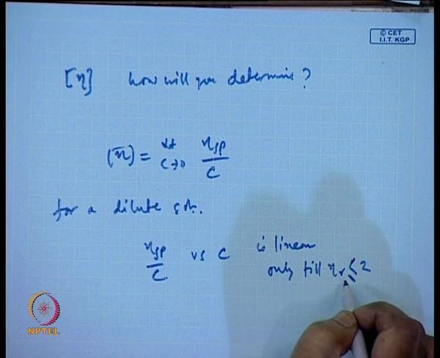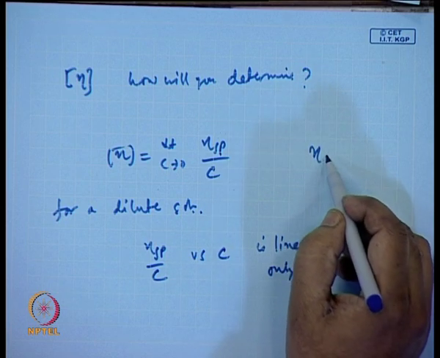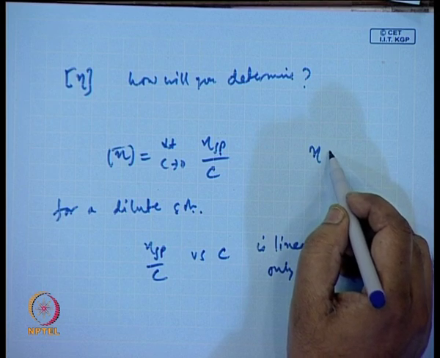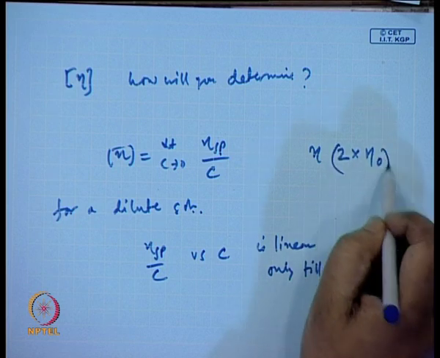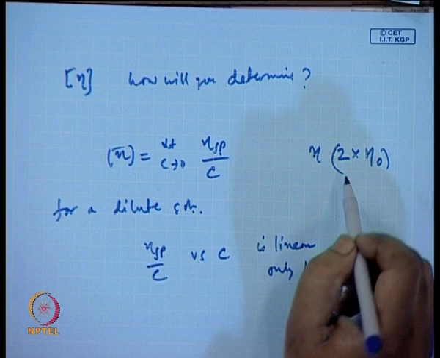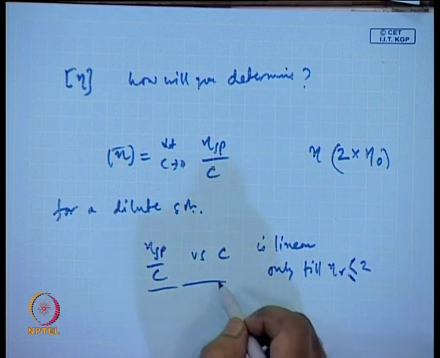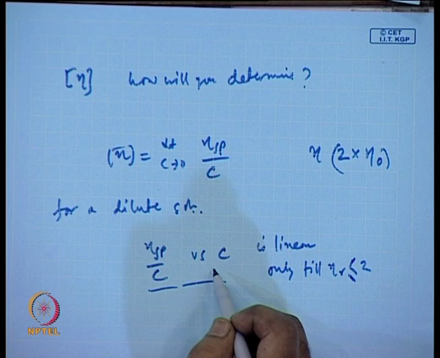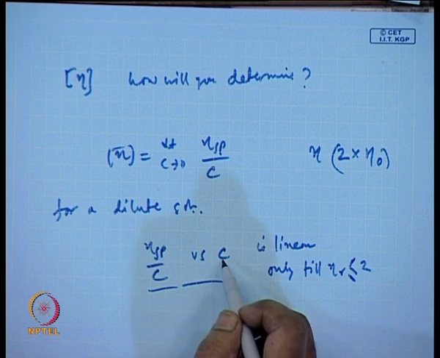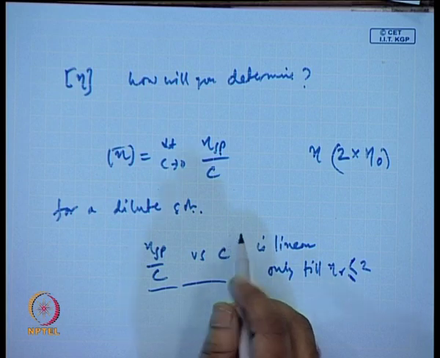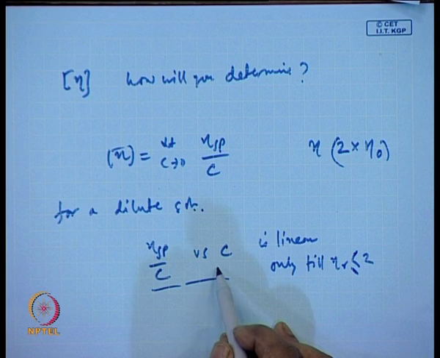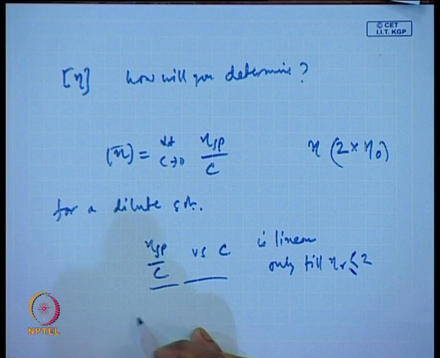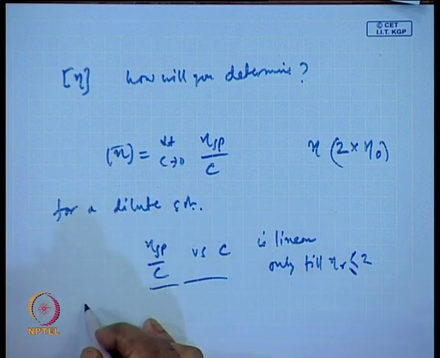If the eta of the solution is at maximum twice the eta 0, then you can find that eta_sp is linearly related to the concentration. So, eta_sp is linearly related to concentration C only till eta_r is less than 2.